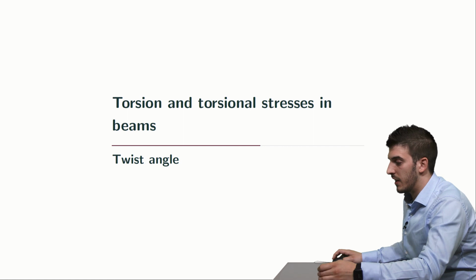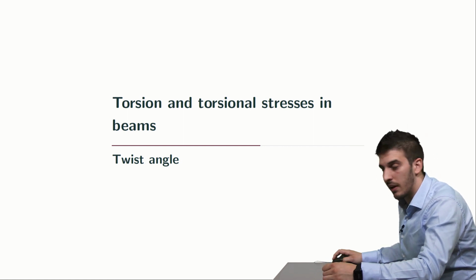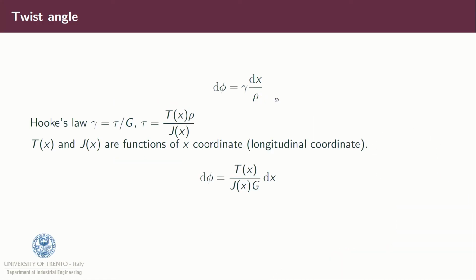We can now yield the definition of the twist angle. So the twist angle d phi is equal to gamma dx over rho, and since from Hooke's law gamma is equal to tau over G, tau will be equal to T of x rho over J of x. T of x and J of x are functions of the x coordinate, so functions of the longitudinal coordinate.